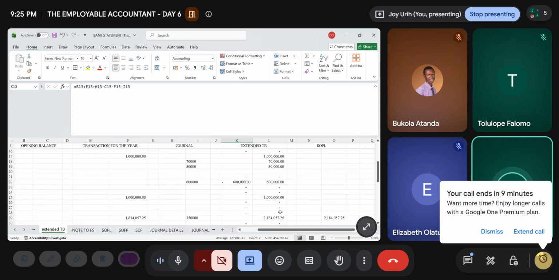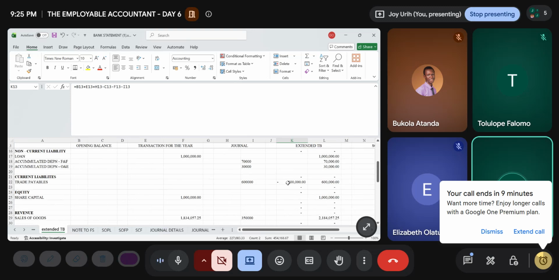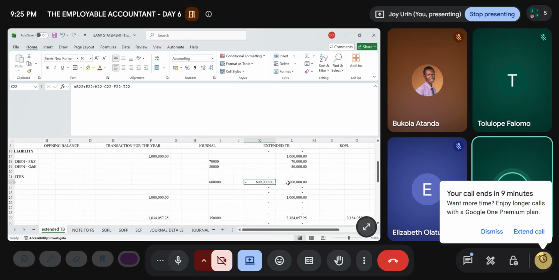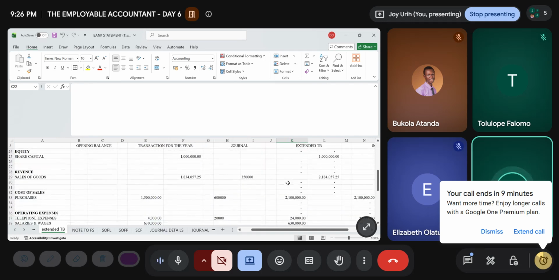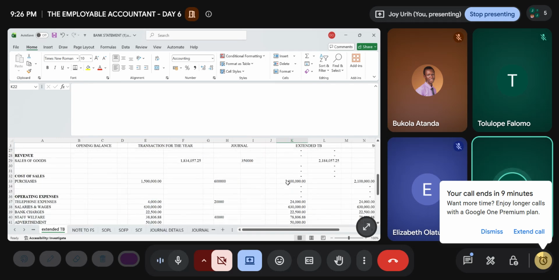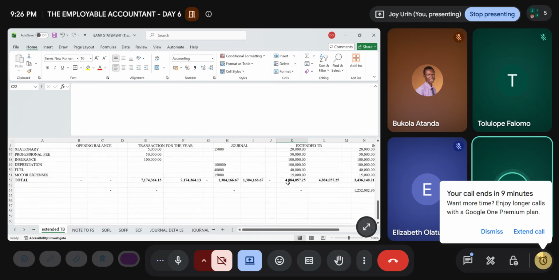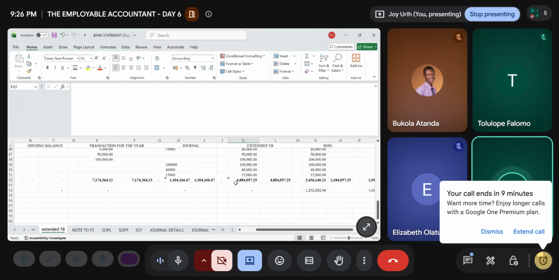Then I will check our trade payable. Our trade payable is appearing on both sides of our extended TB and is only supposed to appear on the credit side. So I'm going to delete the one on the debit side. So the next thing I want to check is where sales will be appearing. So as you can see, the extended TB has agreed.